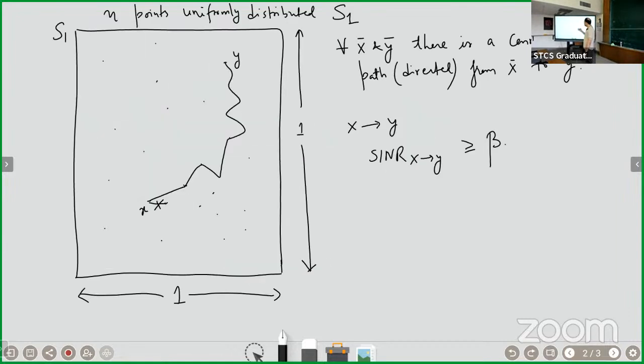Now what can you say about an SINR model where there is no such R?